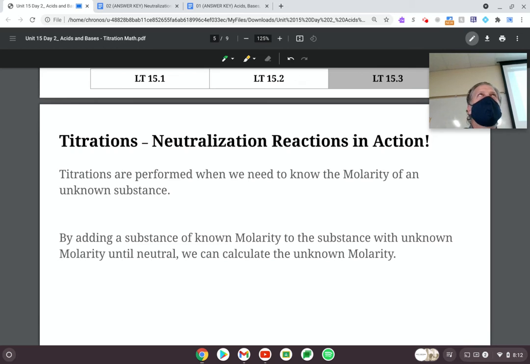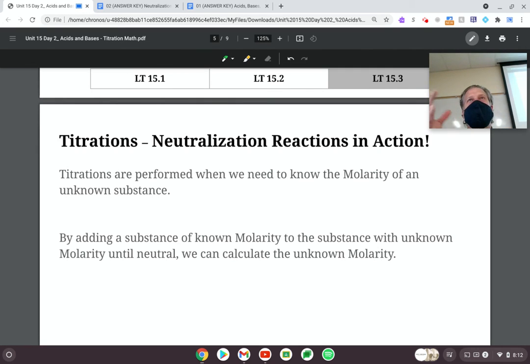All right. The lab technique that we're going to learn about is something called a titration, and a titration uses a device known as a buret. Basically, you take a substance that you know the concentration of, like its molarity, and you add it to a substance that you don't know the concentration of. We usually only do this with acids and bases.